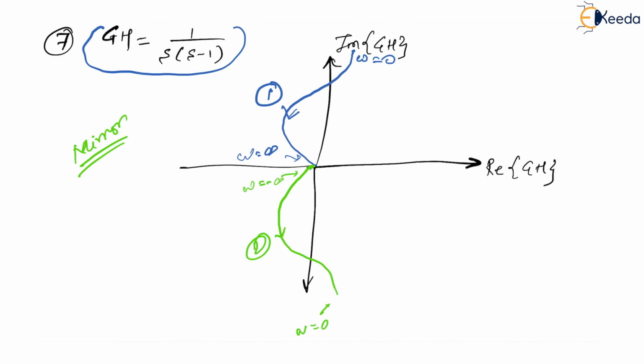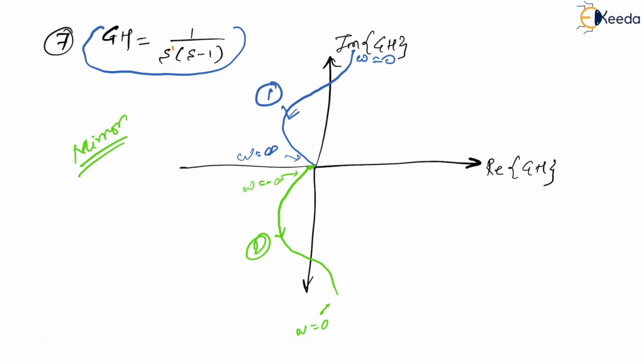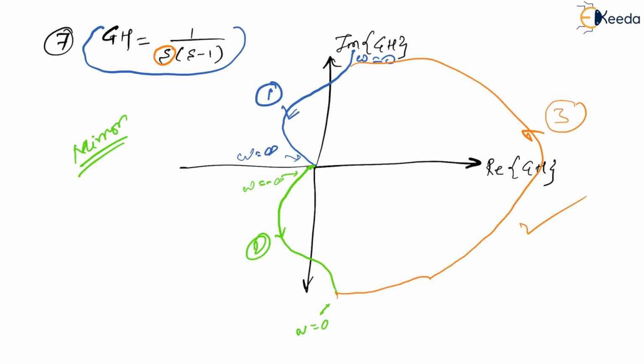Third step is going to be semicircle. So if you see, you have got one pole at origin, which means this is going to get joined in this particular way. This becomes step 3. Nyquist plot is done. So in this way we have seen shortcuts to draw the Nyquist plots.